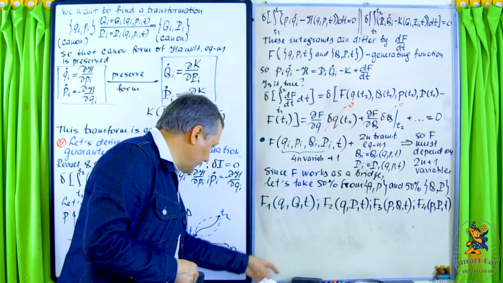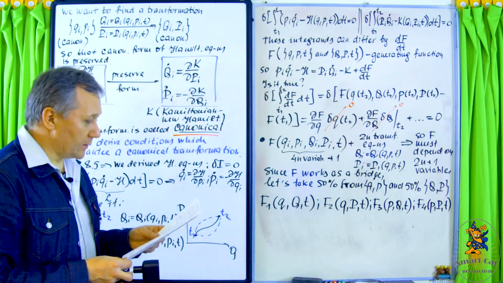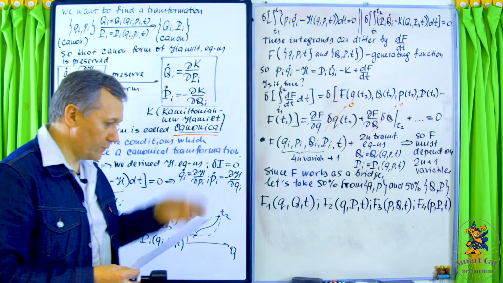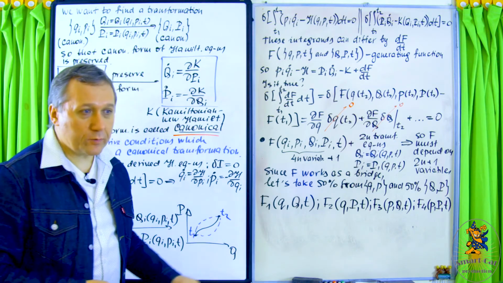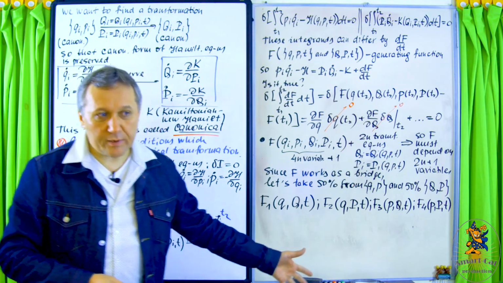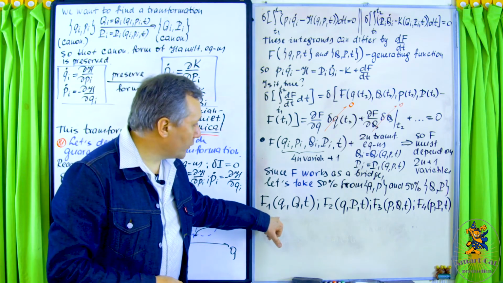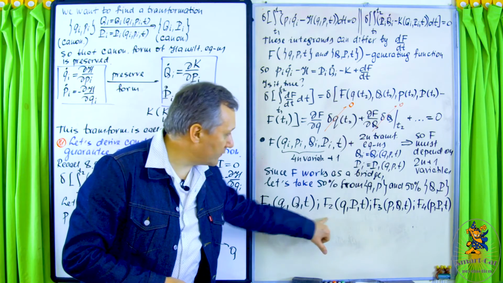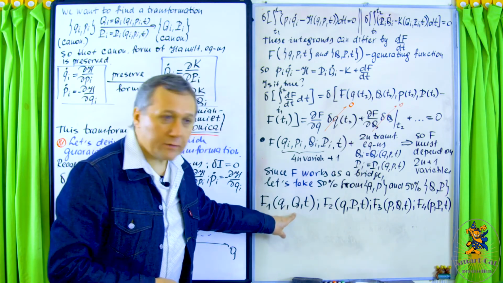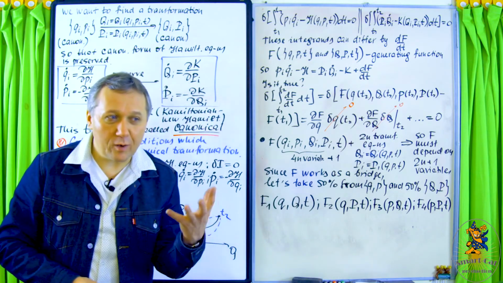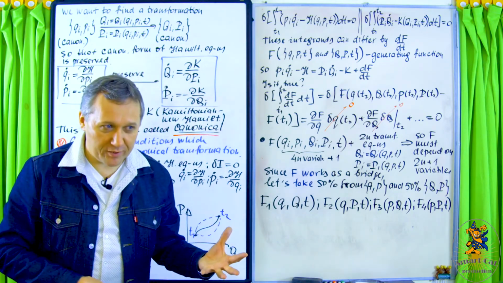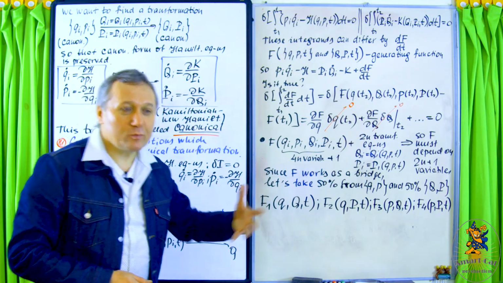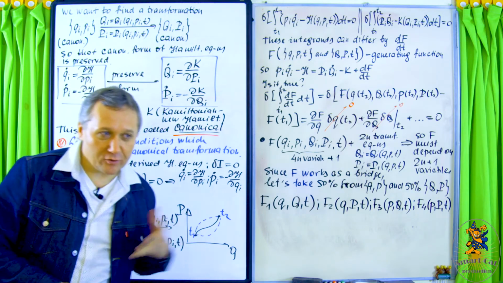Okay, so what else? Let me check what else I was planning to say. Right, 4 possible forms of f. And of course, we can go reasonably easily from function f1 to function f2, because what is the difference between this function and that function? Instead of Q capital, we have P capital, but you remember we have our Legendre transformations, which allow us to remove any of the variables from the function and introduce a new variable.